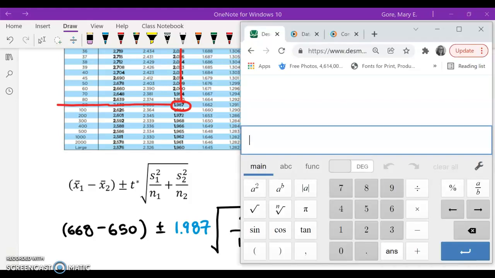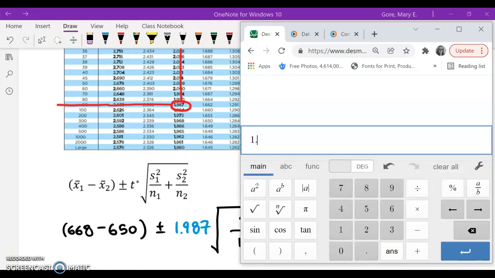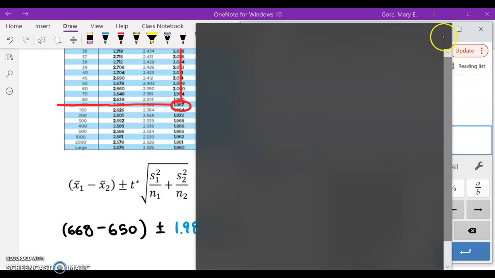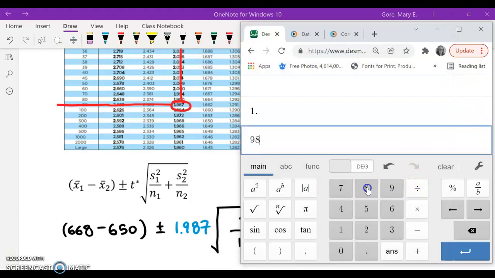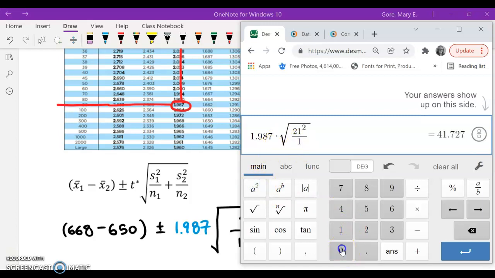Let me pull one up real quick. This is Desmos. So I'm going to type that in, 1.987 times the square root of, and I'm going to grab a fraction here, and I'll put 21 squared over 100, and then I'm going to arrow to the right, plus, grab another fraction and do 20 squared divided by 125.